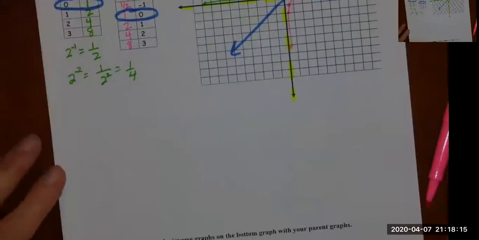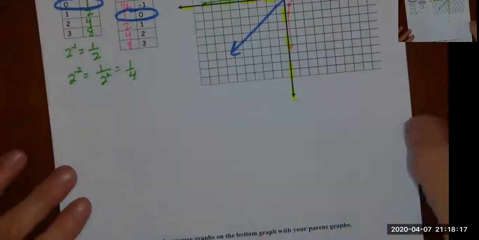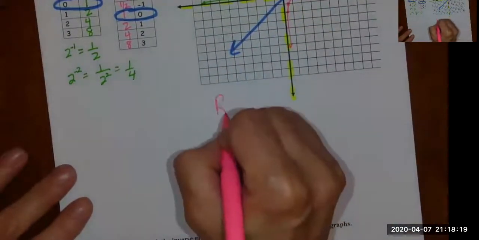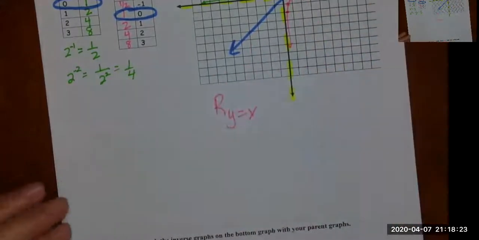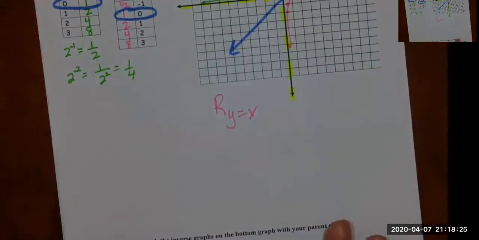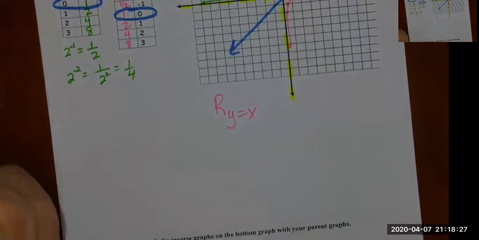Okay, so an inverse is a reflection in the line y equals x. That's that 45-degree line. Okay. All right, there you go.